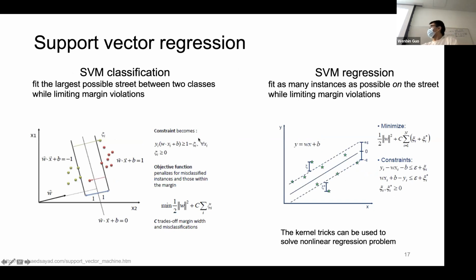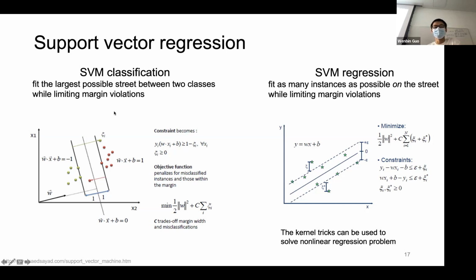The third topic is about the support vector machine and support vector regression. Last time we learned that the support vector machine tries to find a margin that can separate two clusters, with the margin as big as possible.